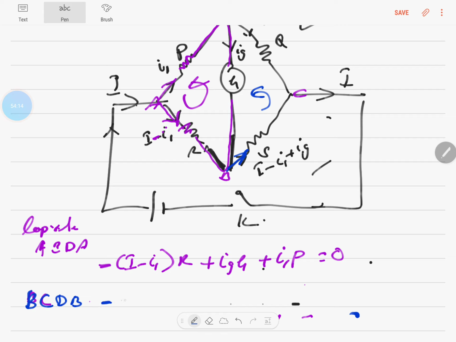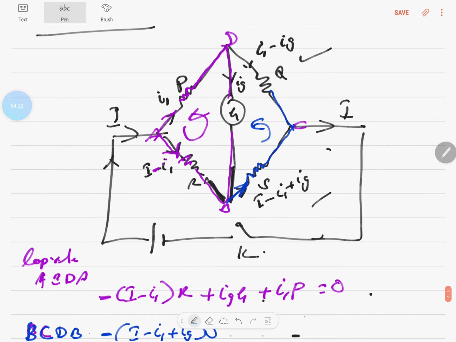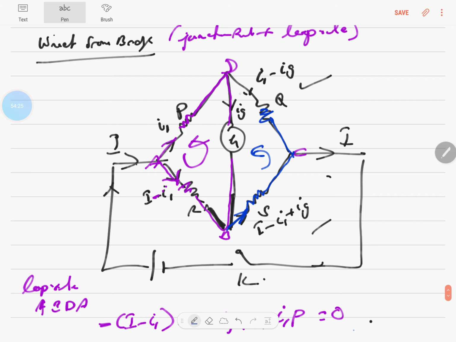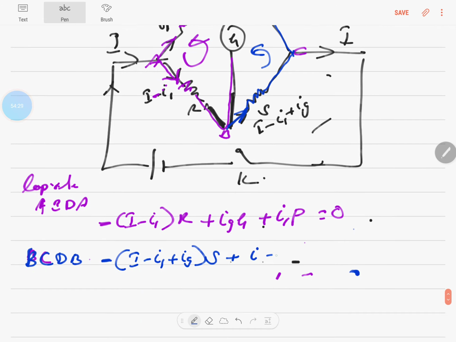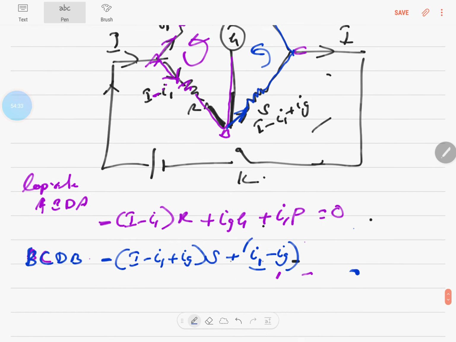So minus of I minus I1 plus IG into S, that resistance. And this resistance Q here, where the current is flowing in the opposite direction, plus I1 minus IG into Q.